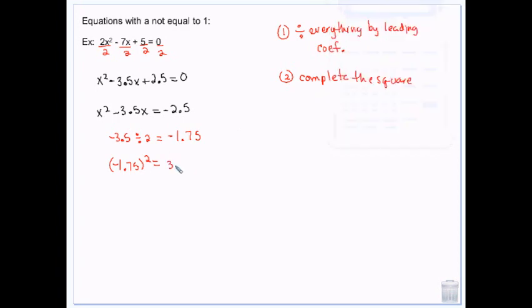And I'm going to get 3.06. I'm going to leave off the 2.5 because that's just a lot. And I'm going to add that to both sides.